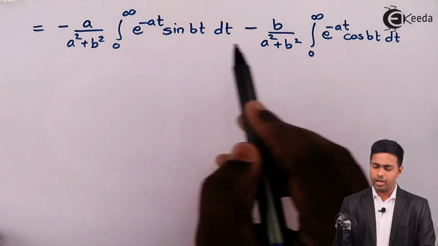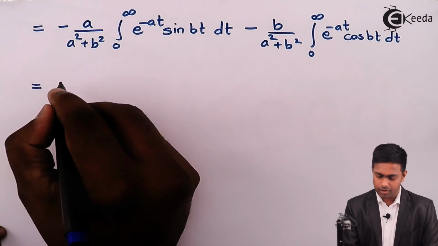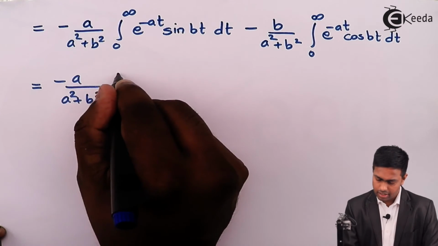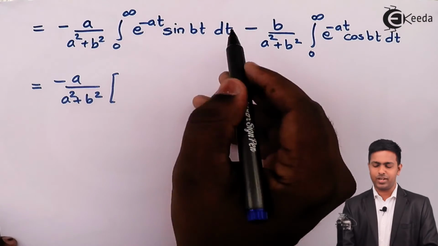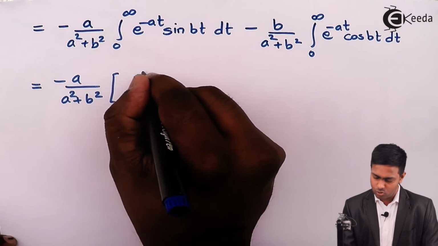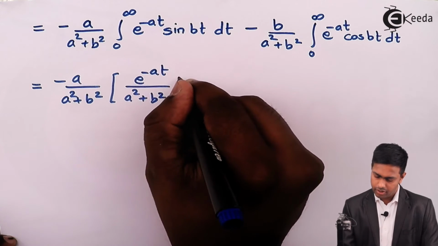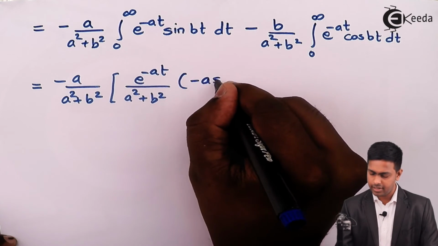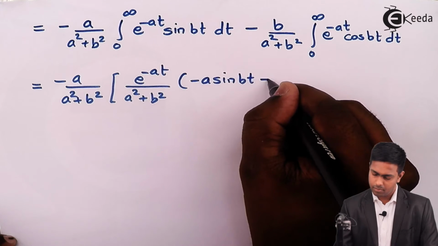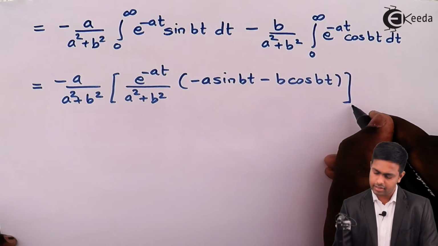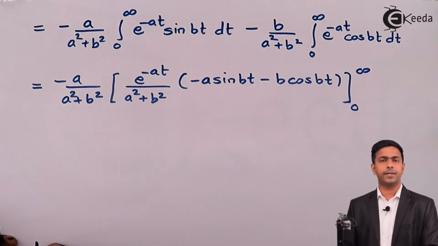And now we'll evaluate this. Here we will get minus a upon a square plus b square, and by applying the property we will get e raised to minus at upon a square plus b square into minus a sine bt minus b cos bt, and limits is from 0 to infinity.